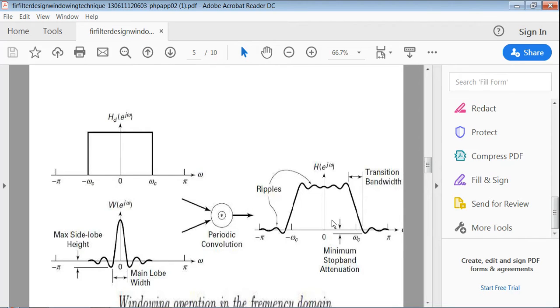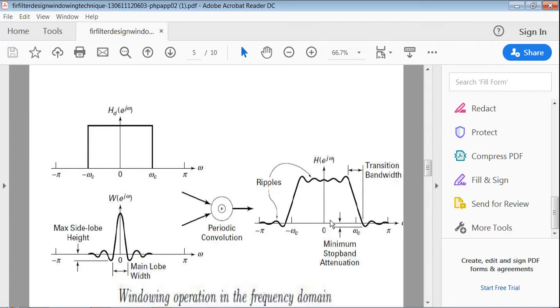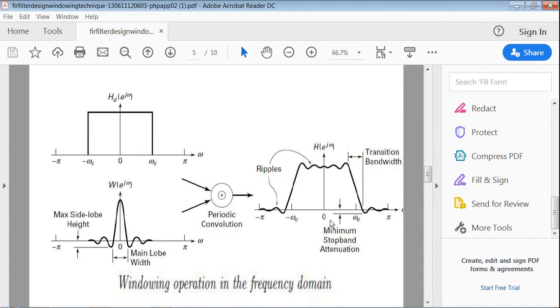See here, this is the diagram. It is a windowing operation in the frequency domain. The filter response is given by Hd of e^jω. It is 1 from minus ωc to plus ωc, otherwise it is 0. And W of e^jω, naturally, is a sinc function.